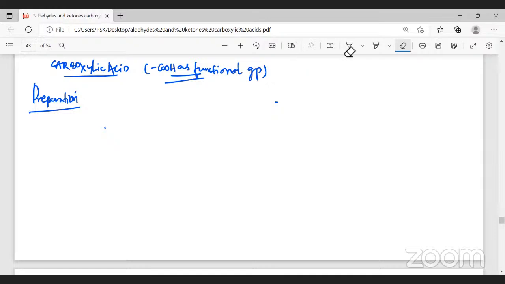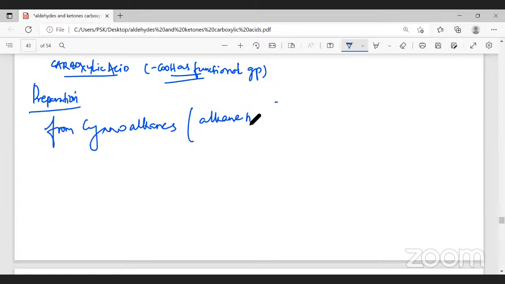Now, the third method of preparing carboxylic acids is from cyanoalkanes, also called alkane nitriles.